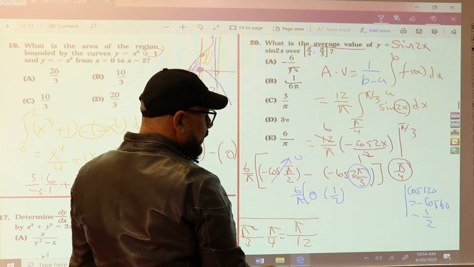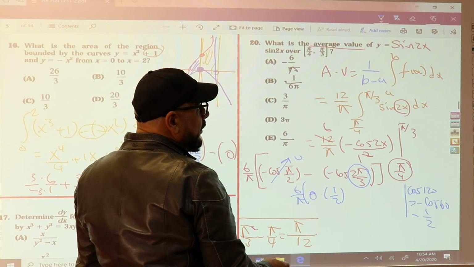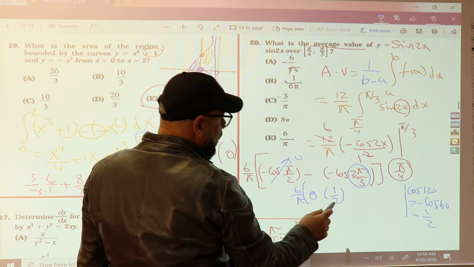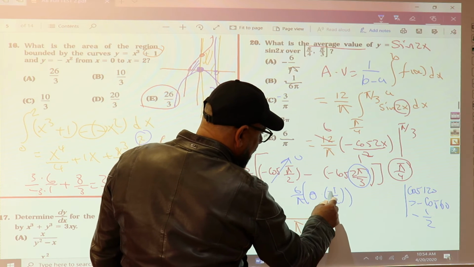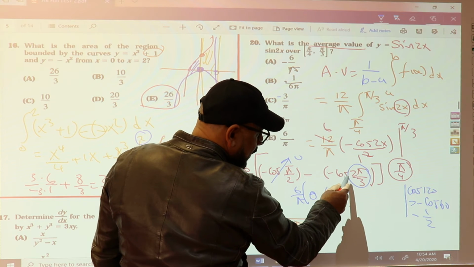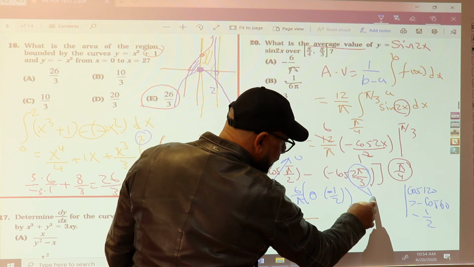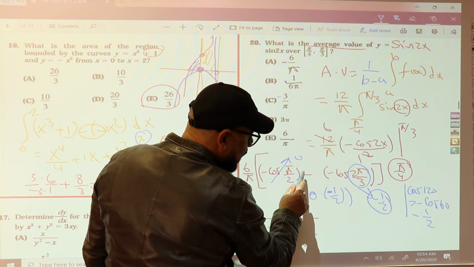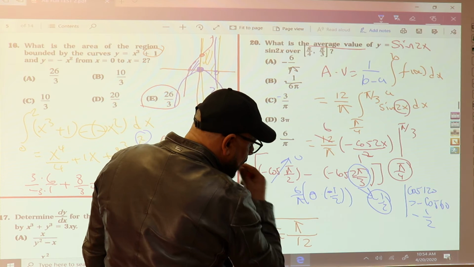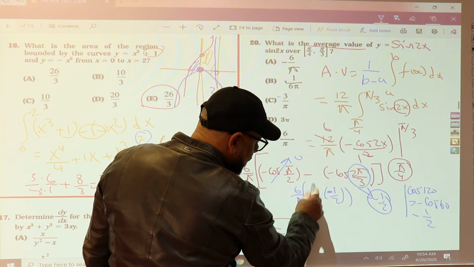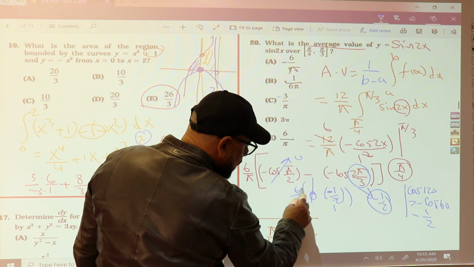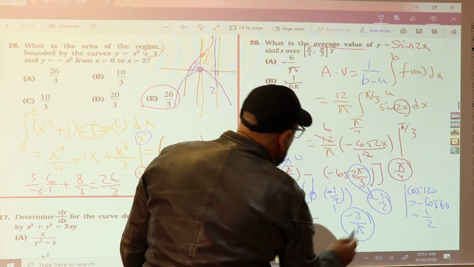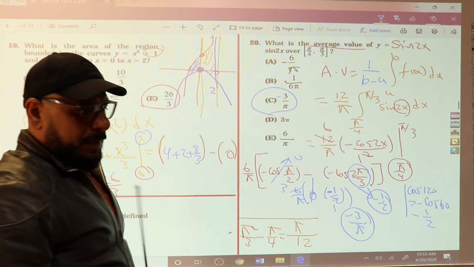Which is 3 pi, right? It should be negative 3 pi, but we missed here. Negative half. This guy negative half. Times negative is positive, times negative is negative, this 0 out, then cancel this with this, it's going to be negative 3 over pi, which is here. Okay.